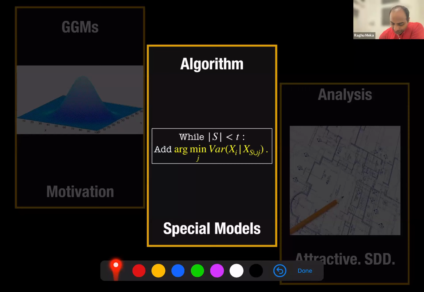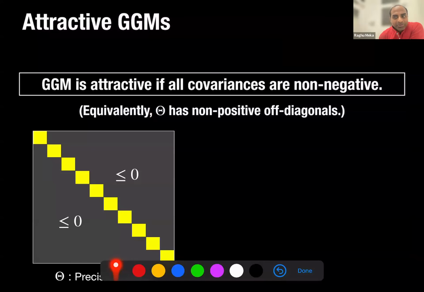So before describing the algorithm, I want to describe a special class of GGMs that the algorithm works for. These are special in that they're not generic precision matrices, but they're still sufficiently useful because they occur reasonably often. The first class is attractive GGMs.